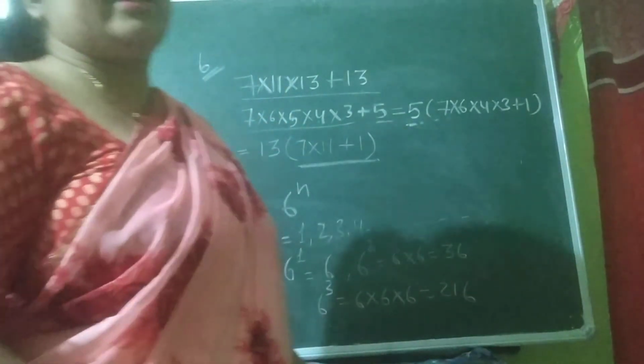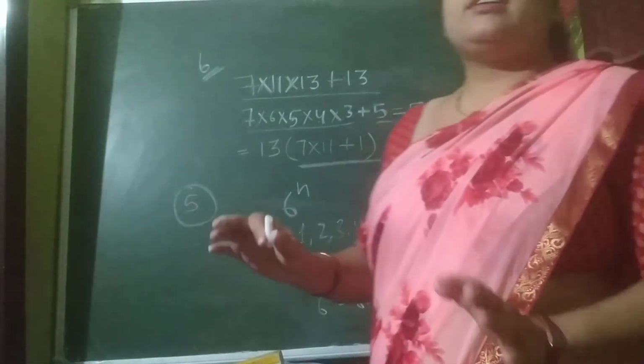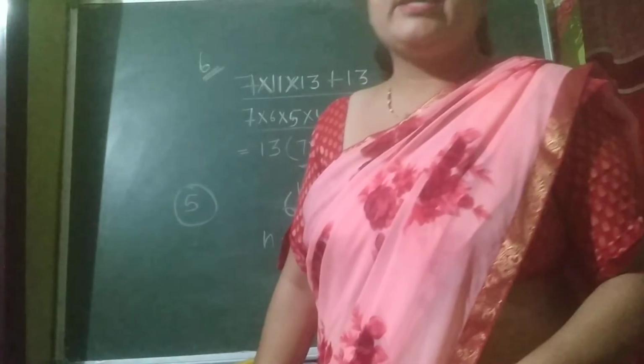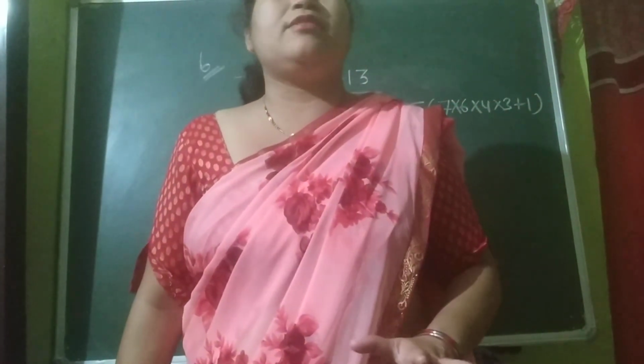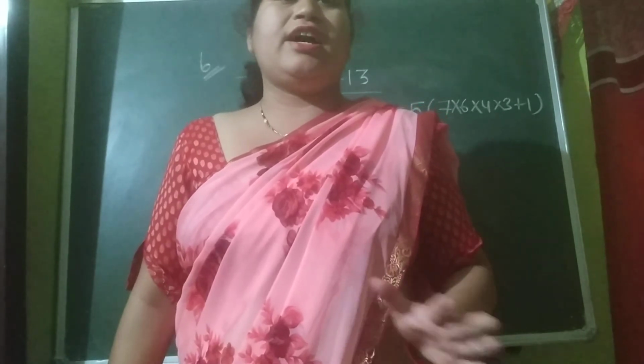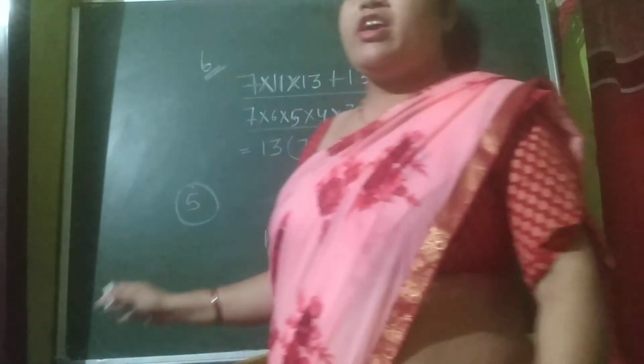If we expand it, we always get 6 at the end. So we will write that 0 will not come at the end in the expansion of 6 to the power n. Okay, so that exercise is finished now.